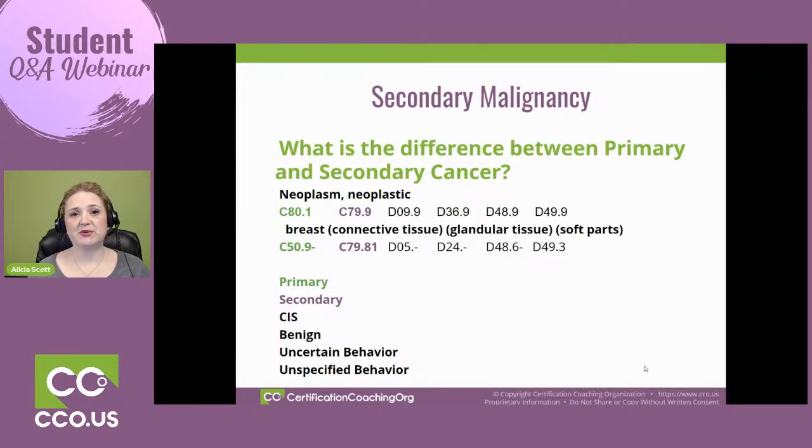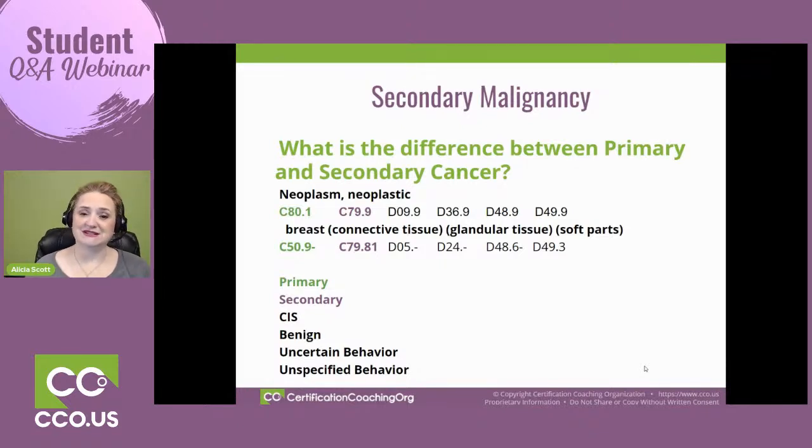So the difference between primary and secondary cancer is shown on the neoplasm table. The cancers are listed in the tabular section of your manual alphanumerically. You'll notice that when you look at the beginning of the code set, it starts at A, right? And then it moves to where you get to the C's.